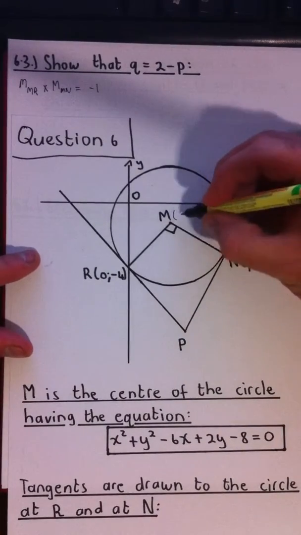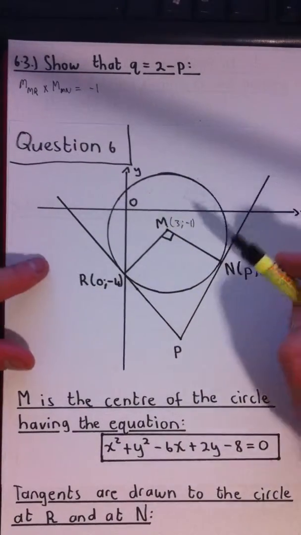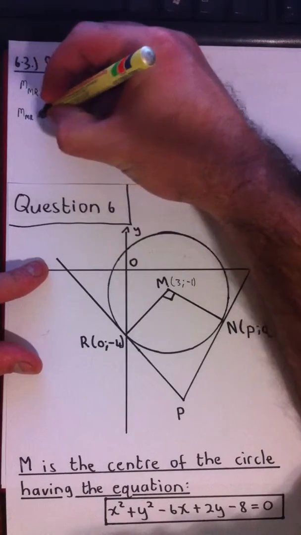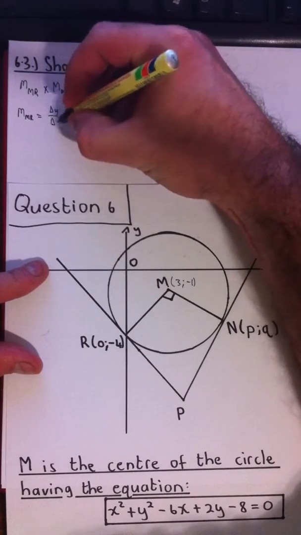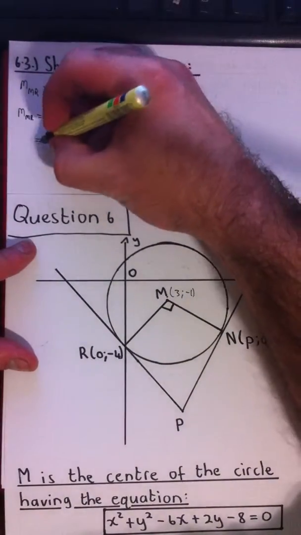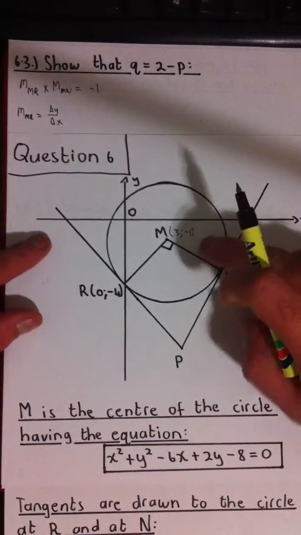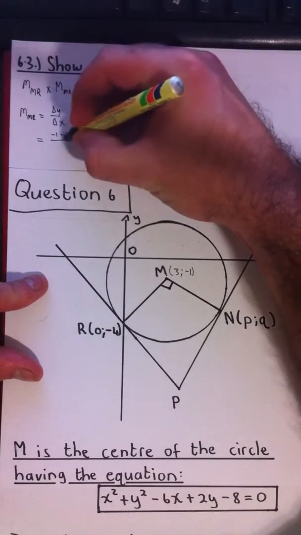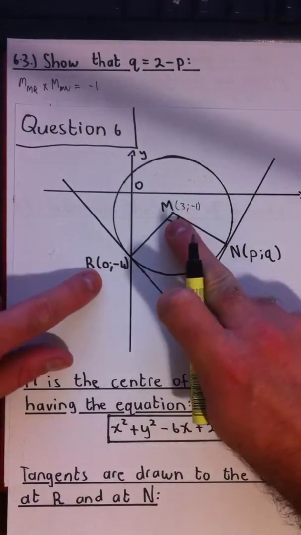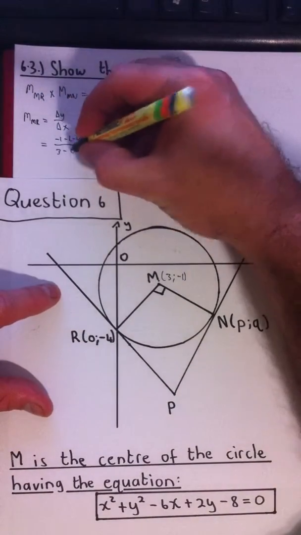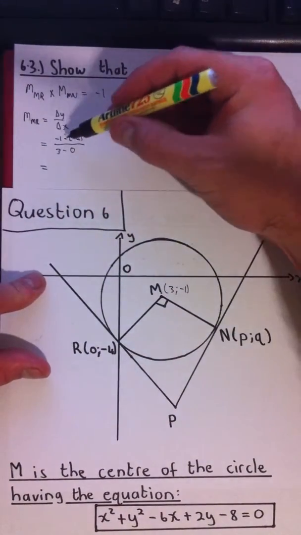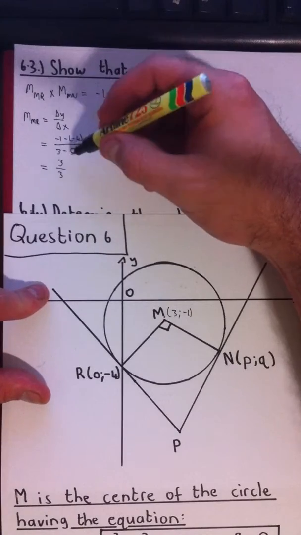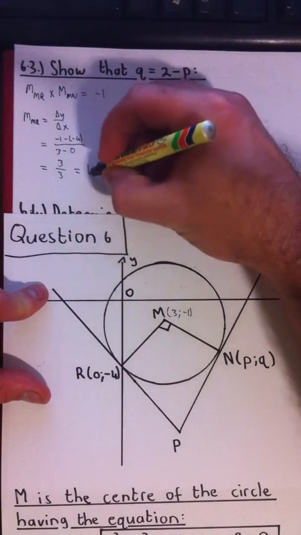Again, because we know that M is (3, -1), we can find the gradient of MR. Gradient of MR is equal to the change in y divided by the change in x, and that is equal to -1 minus -4 over 3 minus 0, which is -1 plus 4, which gives us 3, over 3, and that is equal to 1.